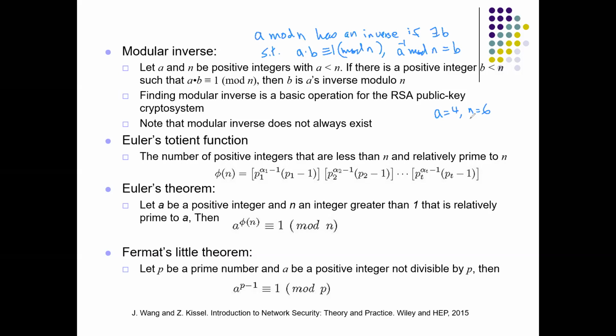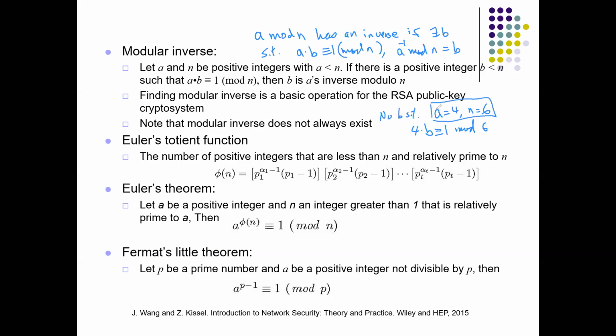The reason is that you can't find any number B such that A times B is congruent to 1 mod 6. This A is 4, so let me put 4 here. So no B such that this is true. Okay.